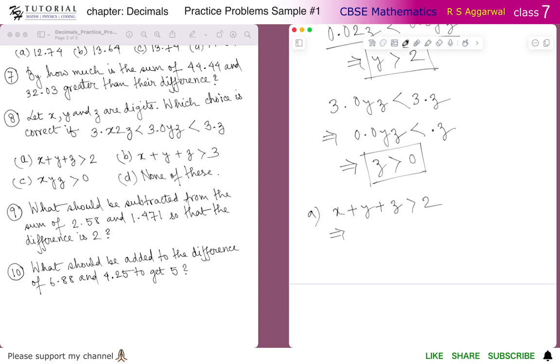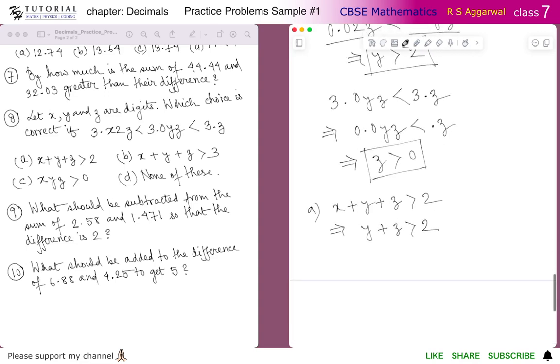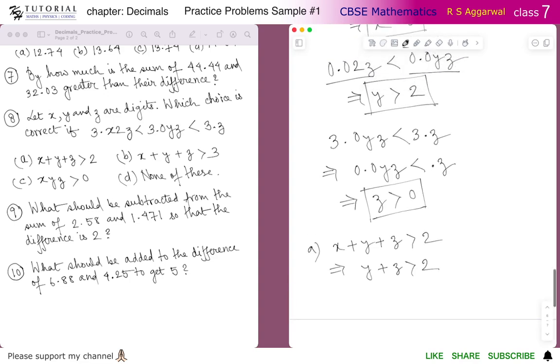It is trying to say y plus z is greater than 2, which is true because y itself is greater than 2 and also z is greater than 0. Since we have these two facts, y plus z is greater than 2. So A is true, A is correct.